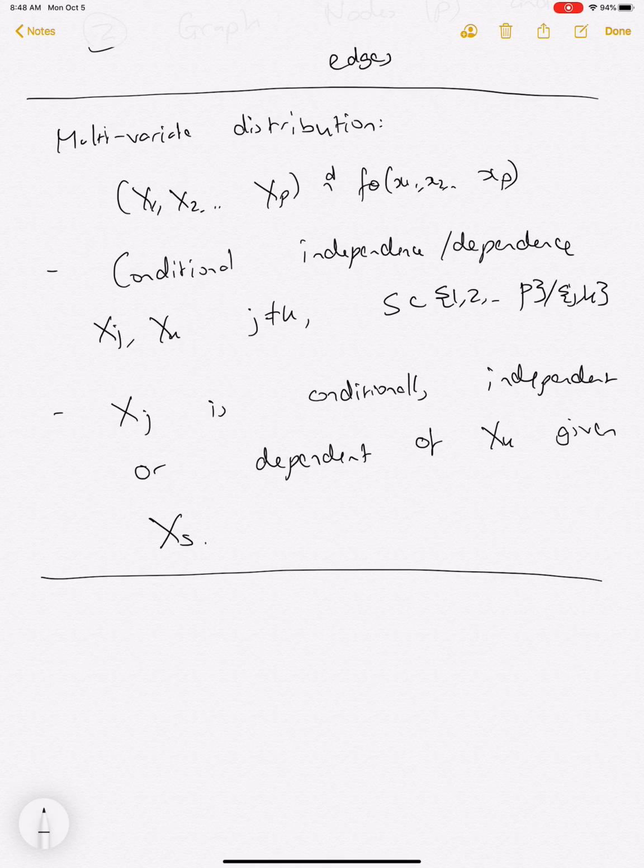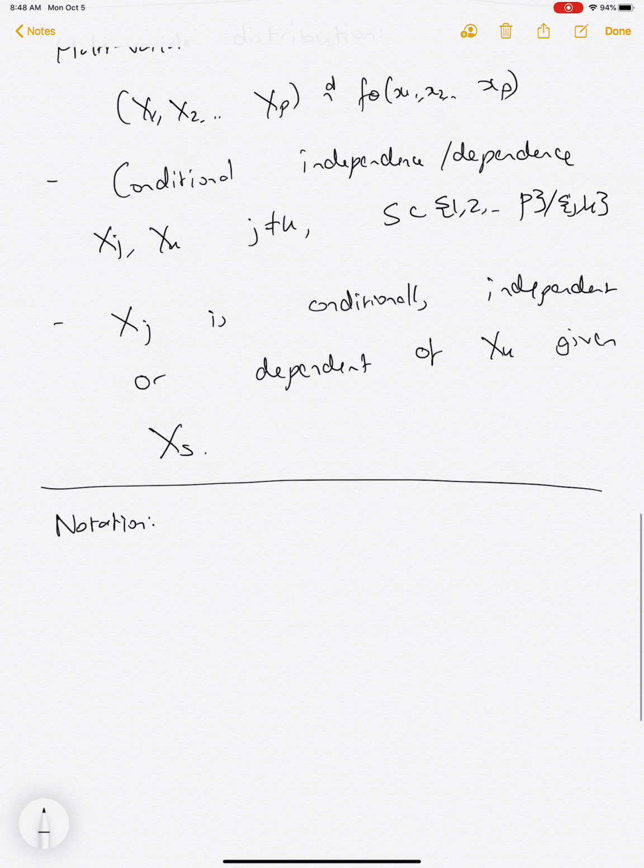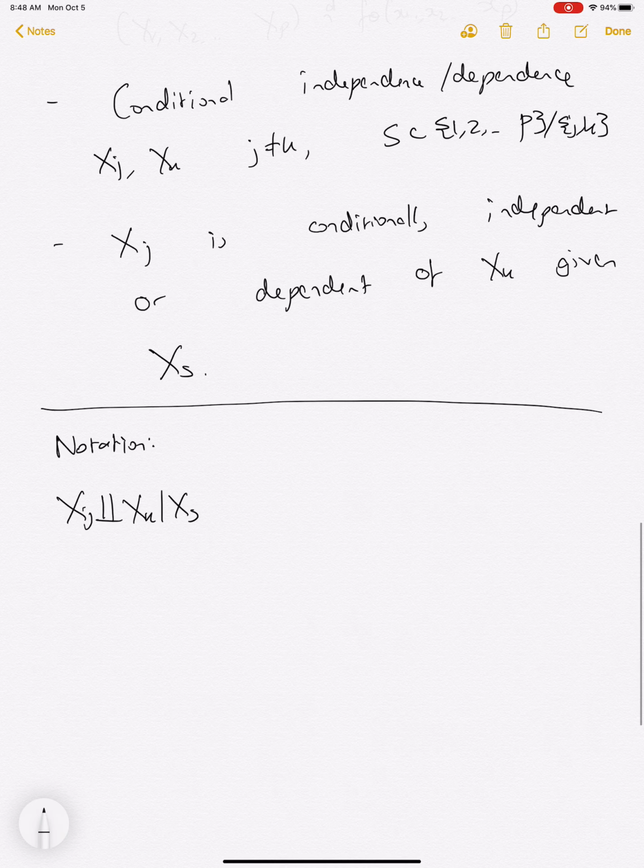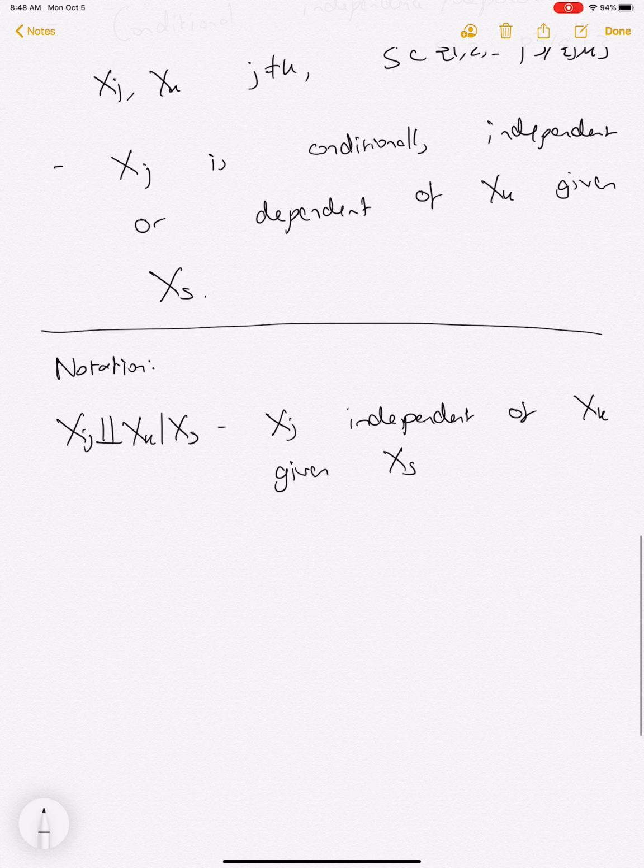And then I'm just also going to introduce this notation. So there's nothing new here, it's just notation. I'm going to say this sign here means that xj is independent of xk given xs. And similarly, the extension of that is that this just means that xj is independent of xk.